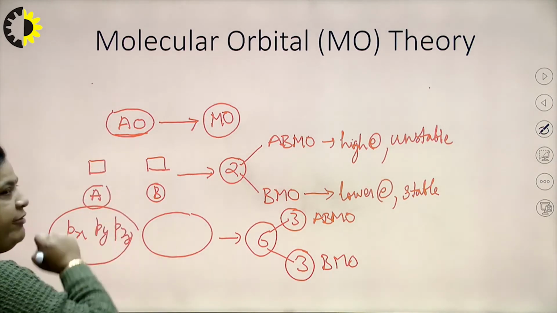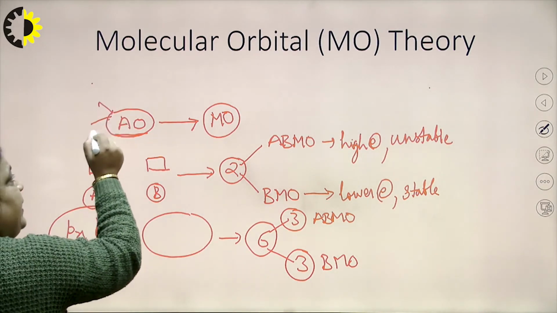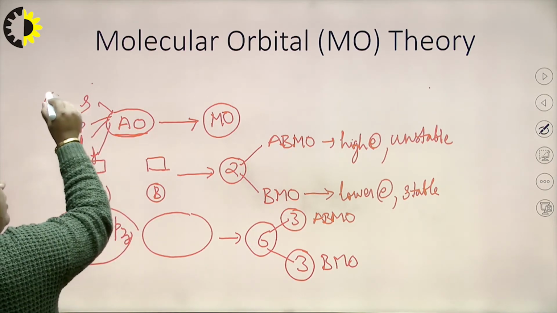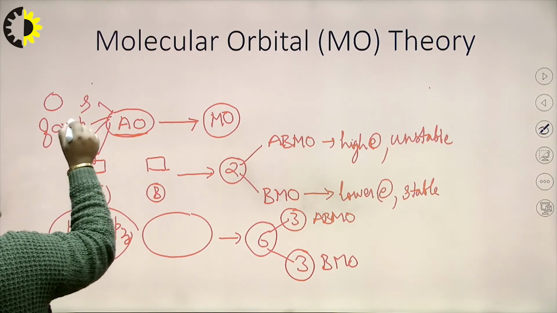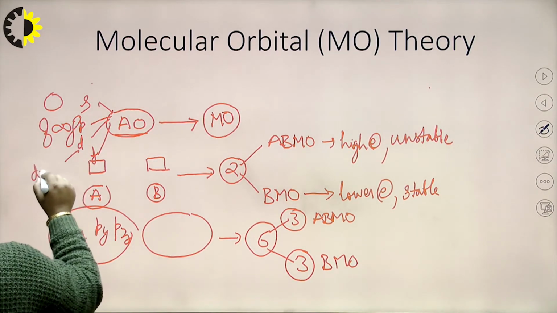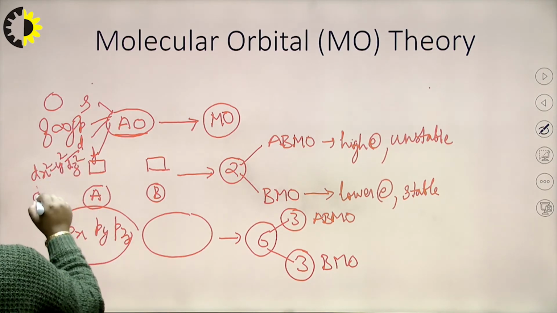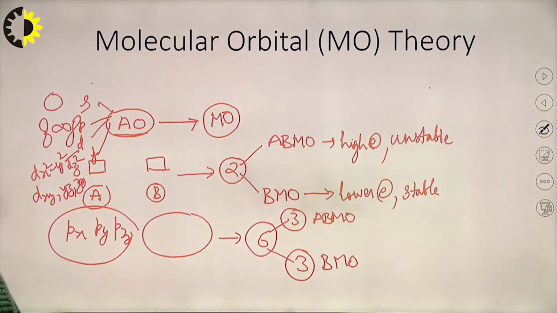Atomic orbitals have fixed shapes, defined as s, p, d, f. S is spherical, p is dumbbell shaped along the x axis, y axis and z axis, d is double dumbbell shaped and there are 5 d atomic orbitals: dx square minus y square, dz square, and the other 3 are dxy, dyz and dzx. F is complicated, so leave it.